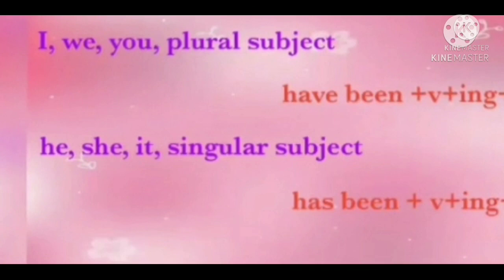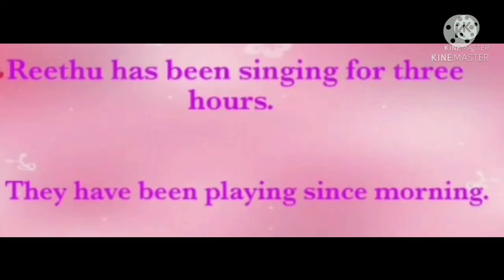So for I, we, you and plural subjects, have been plus verb plus ing. For he, she, it and any singular subject, has been plus verb plus ing. This is the formula for present perfect continuous. For example, Ritu has been singing for 3 hours. Next one, they have been playing since morning.